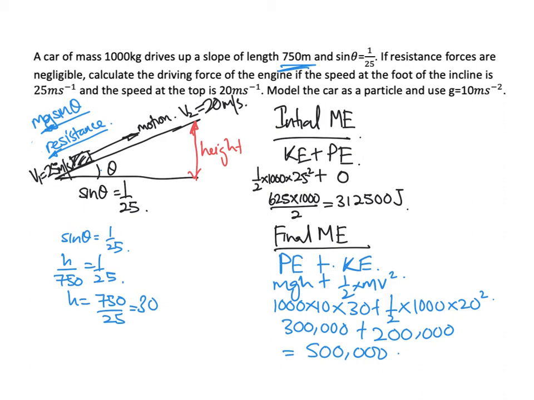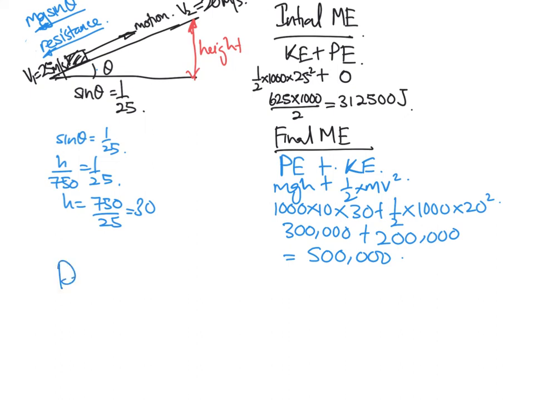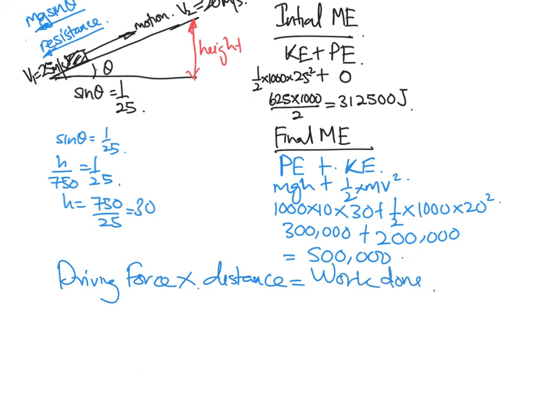Now the question: calculate the driving force. How do I find the driving force? The driving force times the distance is equal to the work done. So I have to know the work done. 500,000 minus 312,500 is the difference in ME, and the difference in ME is the work done.